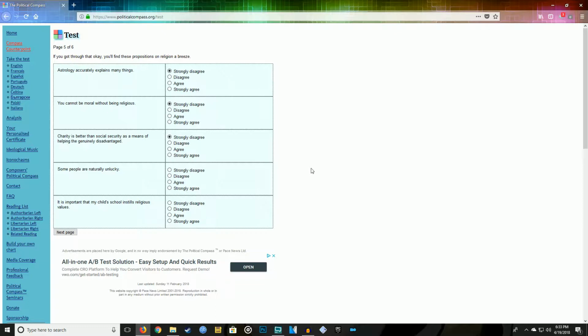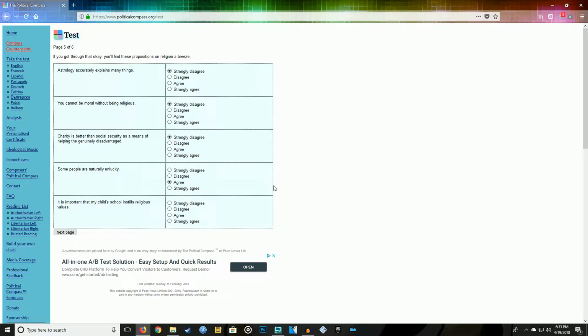Sometimes you have to put these things in place that takes the money that you're already getting from taxes to go to specific social programs like Social Security. Some people are naturally unlucky. Okay, I agree. Some people just have no luck, I guess.